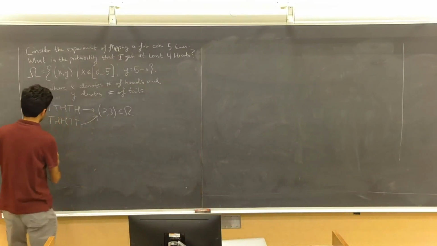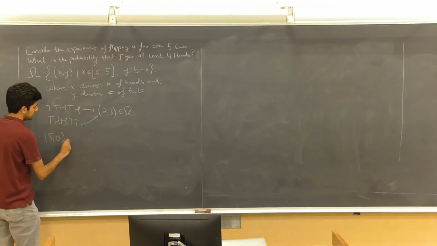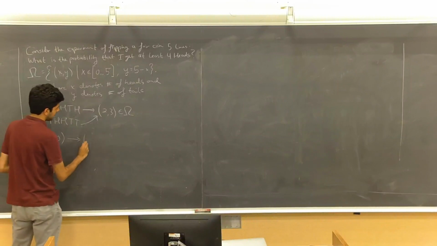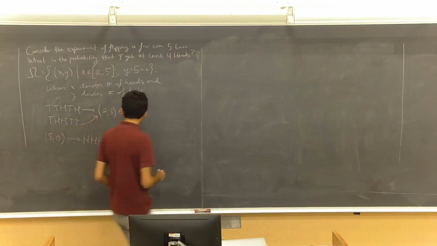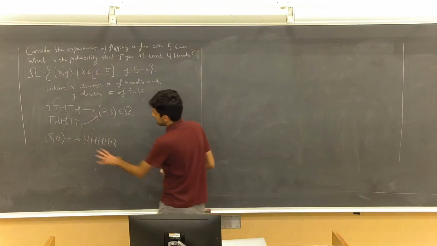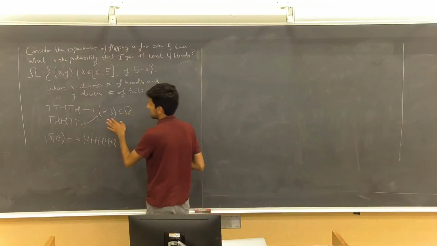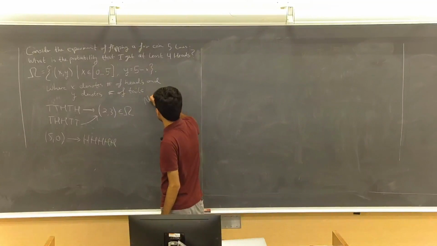But if I think about the pair 5, 0 in omega, this is only produced by getting heads, heads, heads, heads, heads. So already we're seeing that this outcome 5, 0 is probably going to be a lot less likely than say 2, 3. So we say it is not uniform.